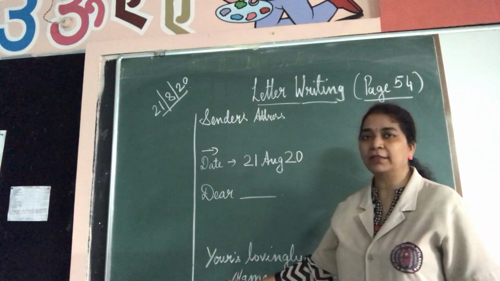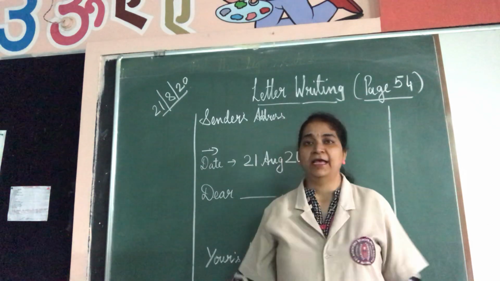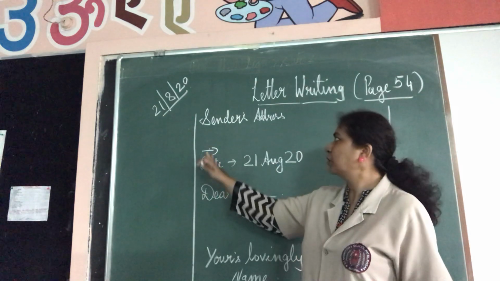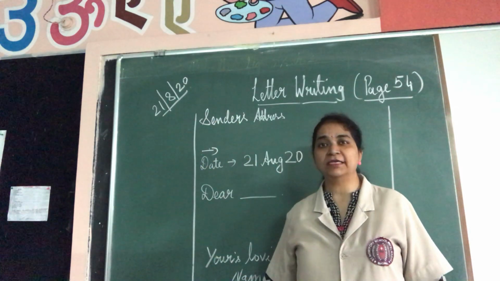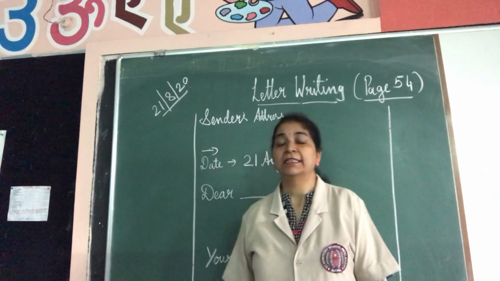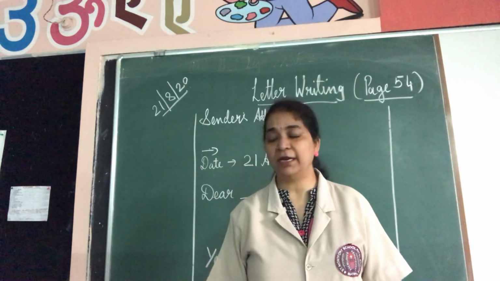Everything should be on this side. Don't write anything on this side. Dear, address, date, and Yours lovingly, all on this same side. This is the format of your letter.